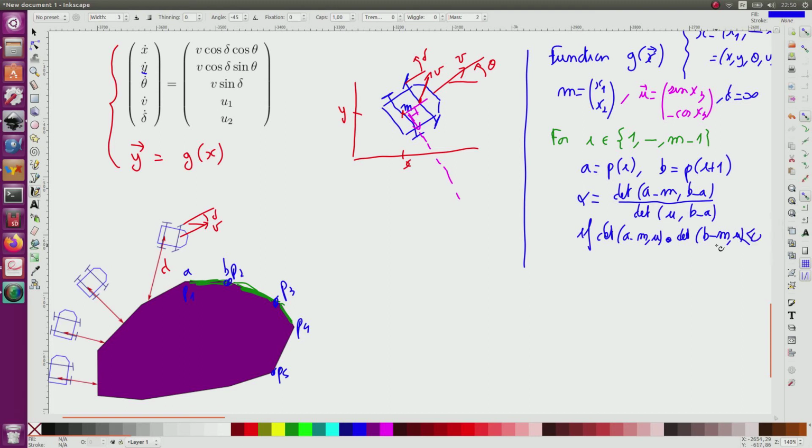It is the first condition, and the second condition is that alpha is positive. In this situation, the new distance d will have to take into account the new segment that is now considered, and it will be the minimum between the previous distance and the new distance.